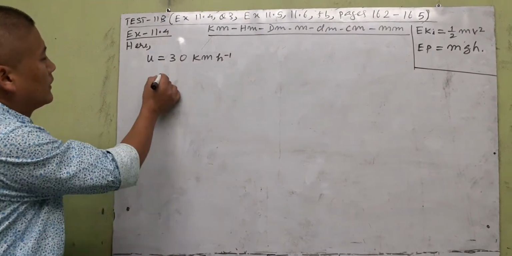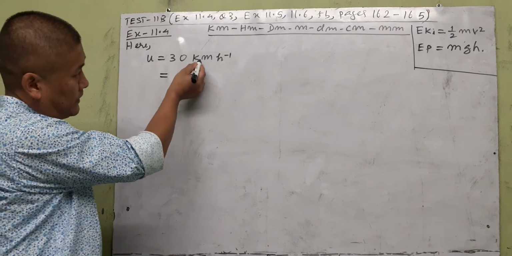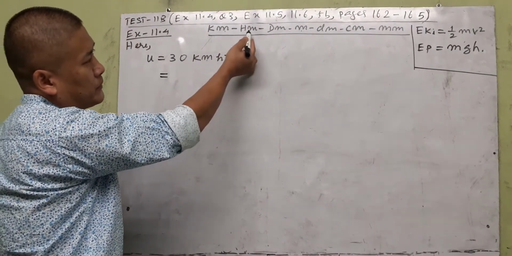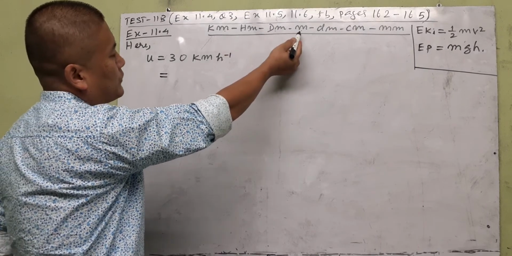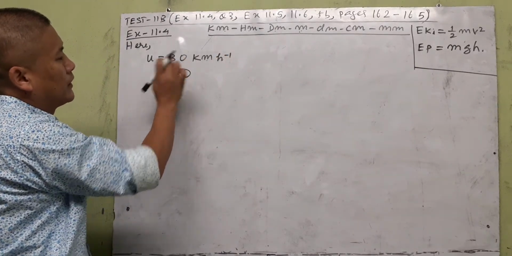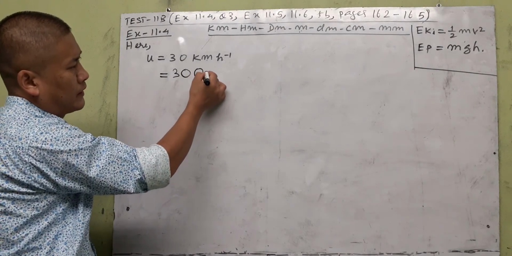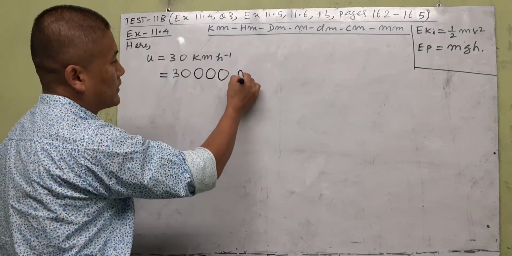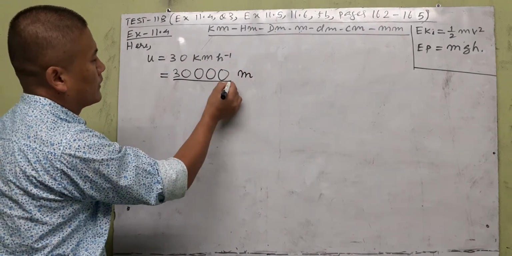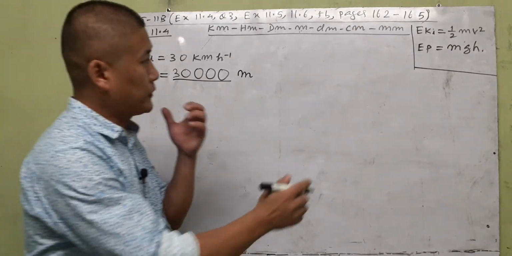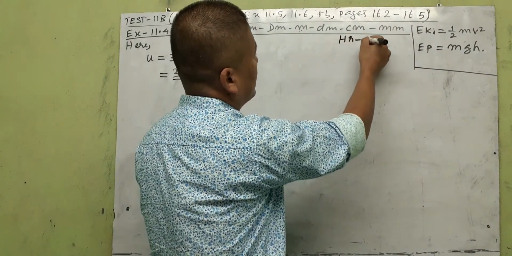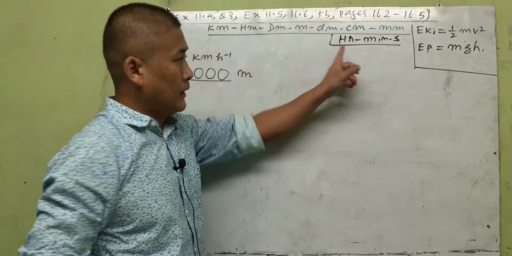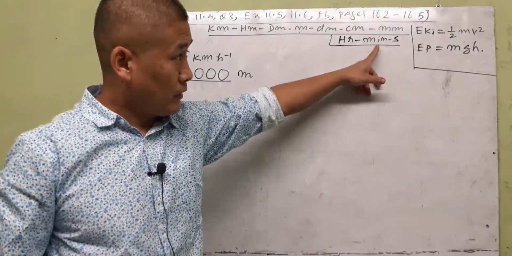So here, since the SI unit of distance is meter, kilometer has to be changed to meter. This means changing a bigger to smaller unit, moving 1, 2, and 3. So write the original number, and each movement is 10, so 3 zeros, and therefore kilometer will disappear and meter will come in. Divided by, now for time we know this factor is quite easy, hour, minute, and second, and we know that 1 hour is 60 minutes and 1 minute is 60 seconds.